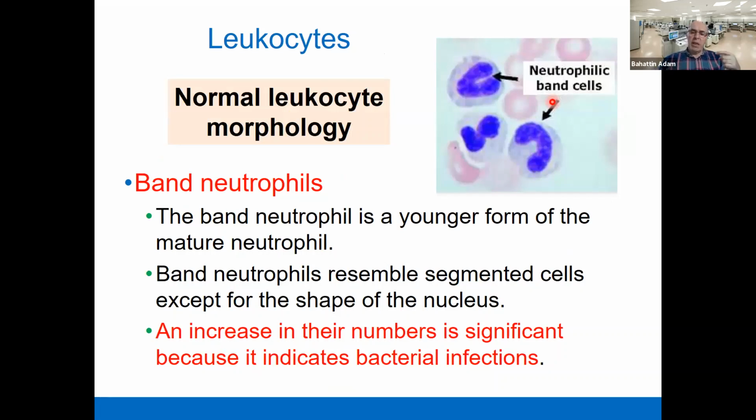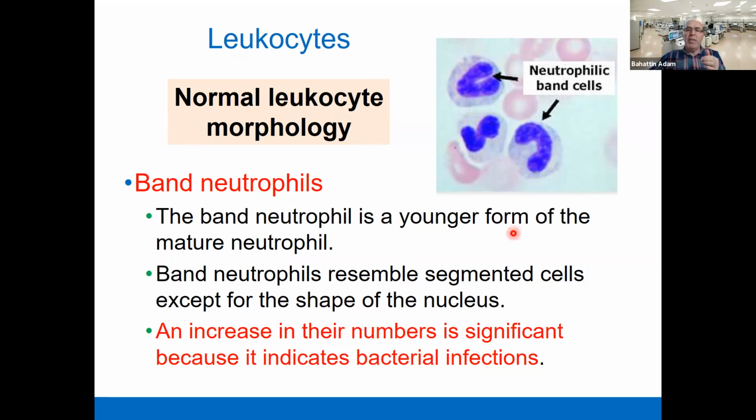Now, the other type of leukocyte that we have to consider is band neutrophils, a kind of neutrophil. However, these are young neutrophils, which indicates that neutrophils are being produced quickly.